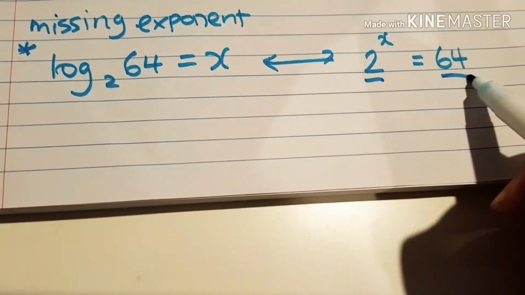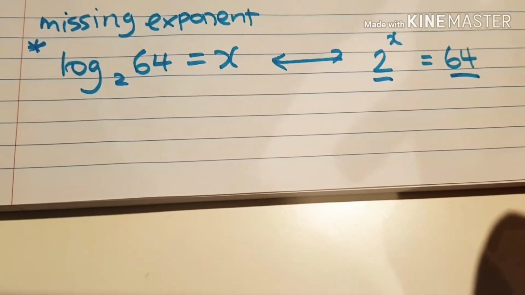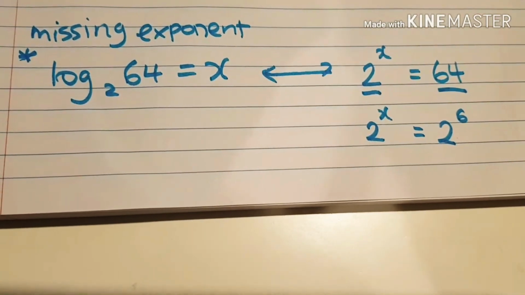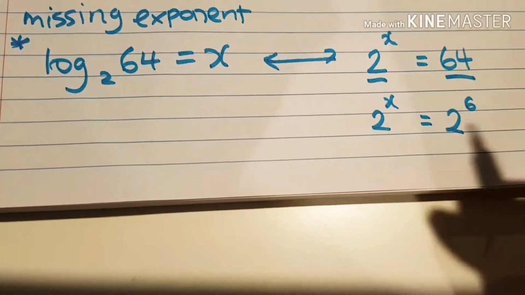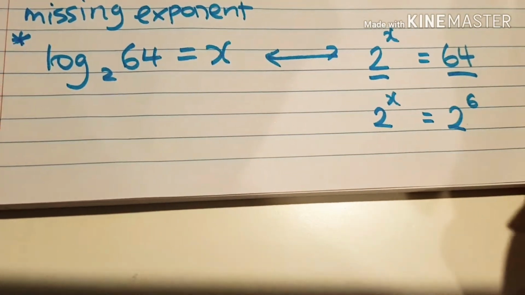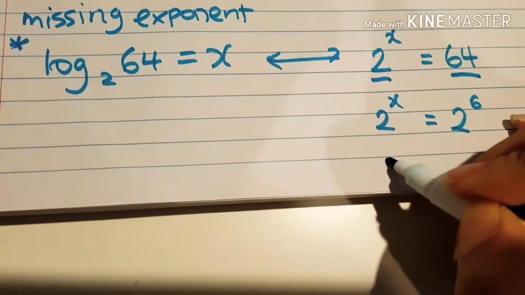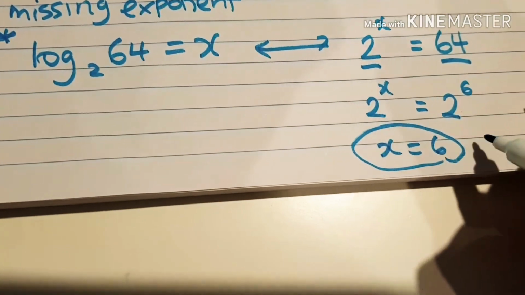Once the base is equal, I can compare the powers to get the exponent. So 64 can be 2 to the power of 6. Since my base is the same, the power needs to be the same in order to make this equation equal. Therefore, x has to be 6. That's my final answer.